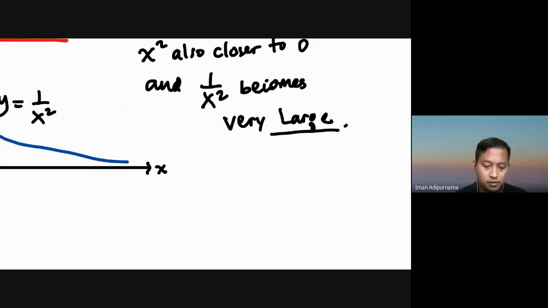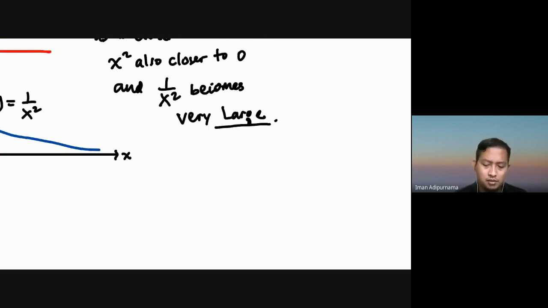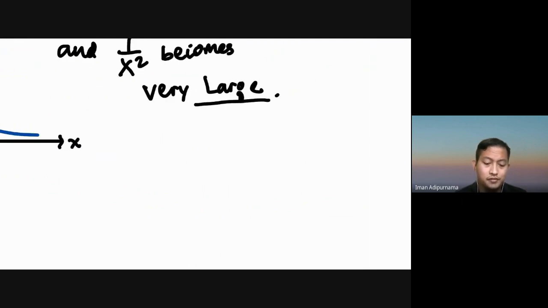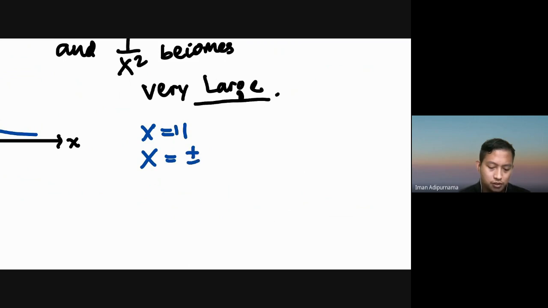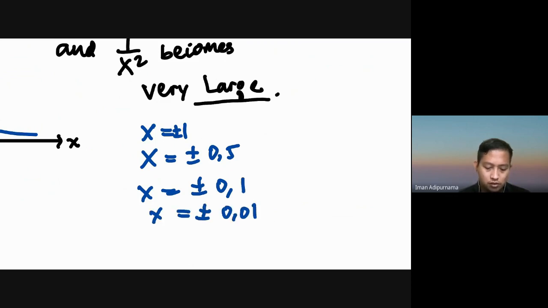If you like, you need to make some convincing statement, you can try some x. Try from 1, and try plus and minus. And then try more and more smaller numbers.